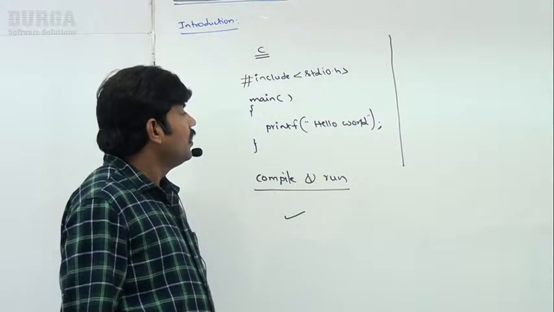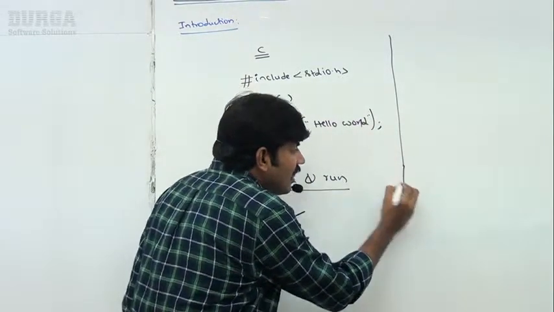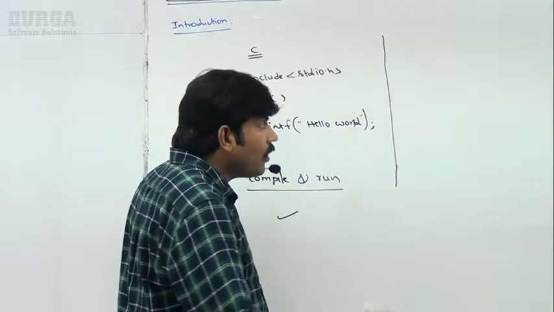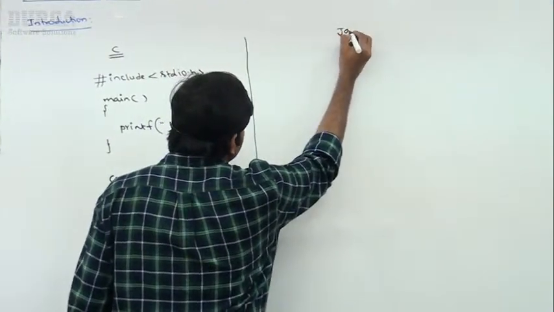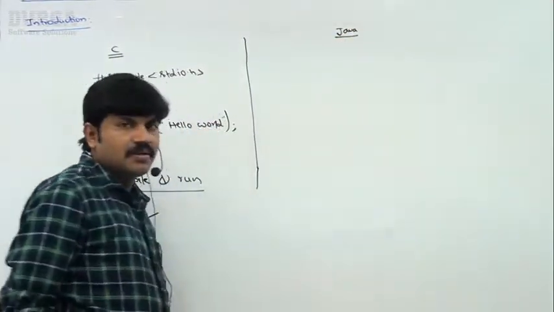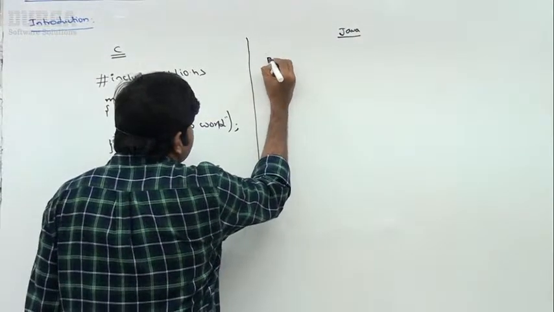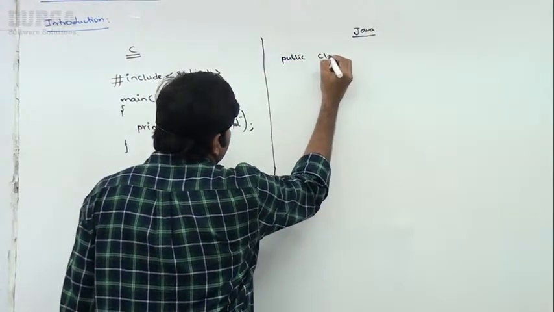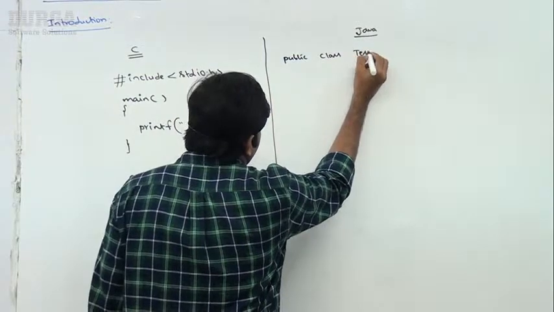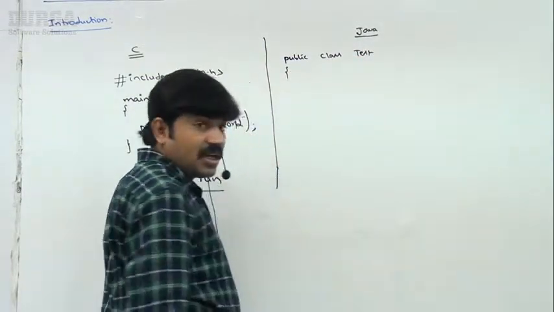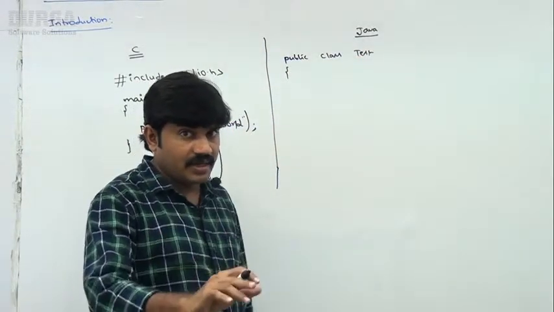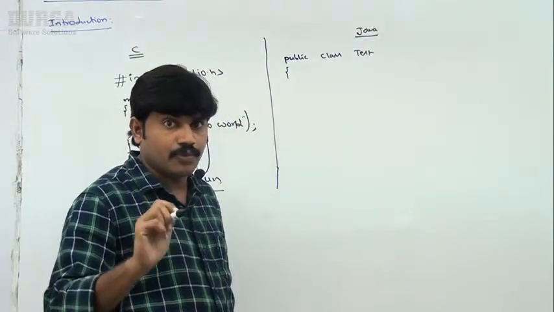Okay, excellent. Now if I consider Java code, what do we have to write in Java to print hello world, sir? Very simple. Public class test. In Java, everything we have to write inside a class because it is object-oriented programming.